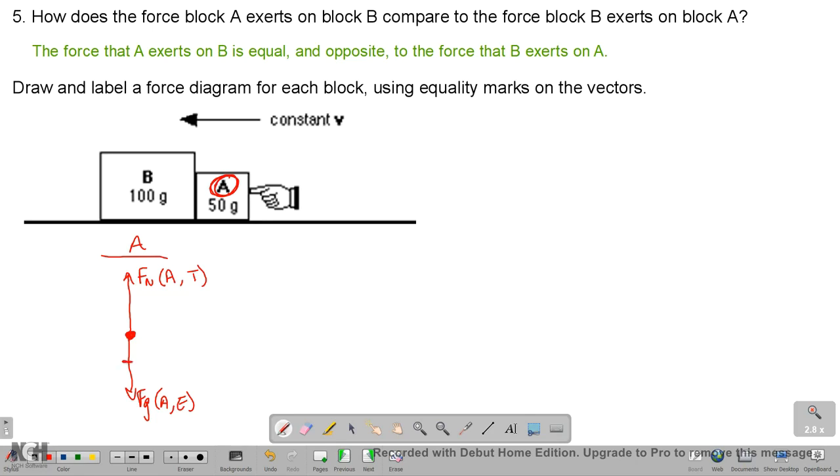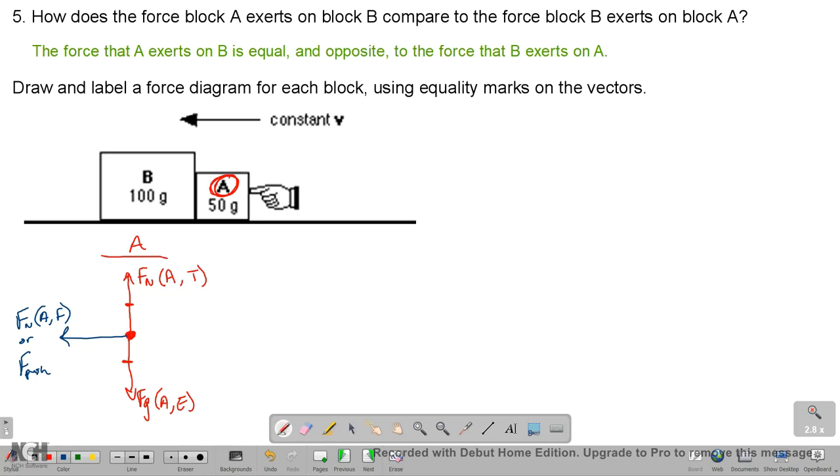So these must be equal. Okay, and then I'll change colors here for the x direction. So we have a force that's pushing to the left on object A. This you could call a normal force. It is a contact force, or if you want to call it F push, that's fine. So I'll put Fn or F push. Okay, and this would be acting on object A by the finger.